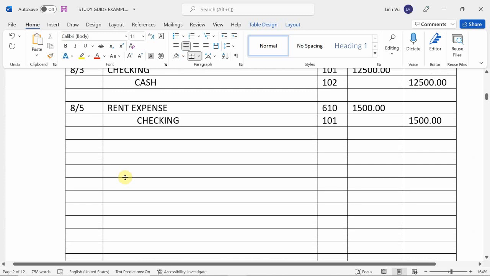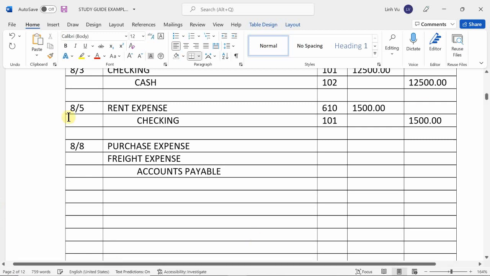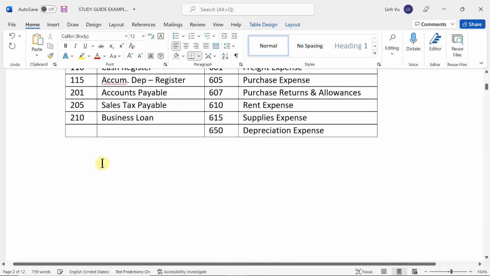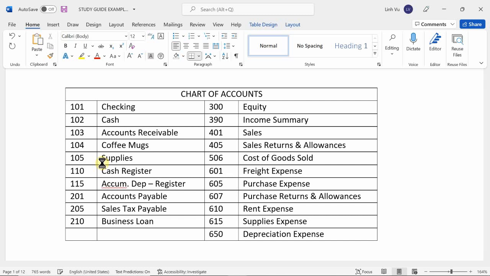So that means I had a purchase expense, a freight expense, and I placed it on an account, so it's an accounts payable. Okay? So let's take a look at my chart of accounts one more time to get all those numbers. Okay? So purchase expense is 605, freight expense is 601, accounts payable is 201.